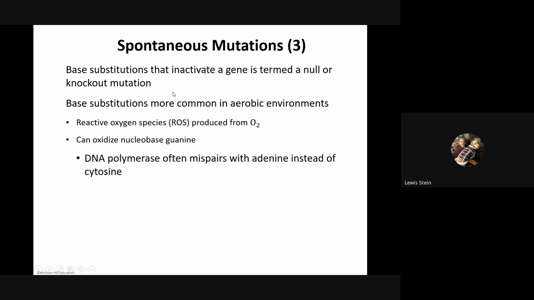So when you start talking about inactivating the gene, the fancy name is a knockout. And we see a lot of these with us because most mutations come directly from reactive oxygen species, all of those toxic derivatives of oxygen, those free radicals that I mentioned quite a bit before, superoxide.